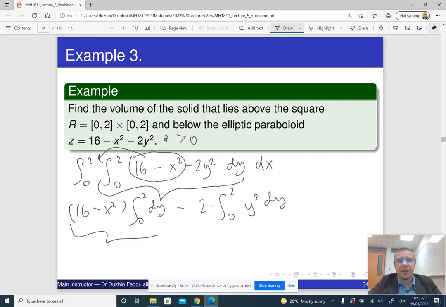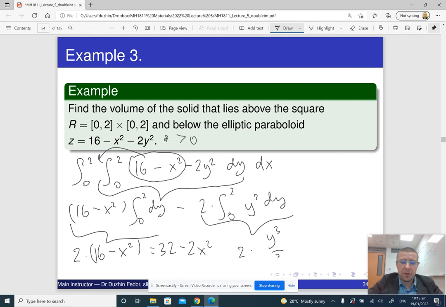So this part is just 2 times 16 minus x squared, which is really 32 minus 2x squared. And this part is 2 times the change of y cubed over 3. This is the antiderivative of y squared from 0 to 2. All right, 2 cubed is 8 times 2 is 16, so this is just 16 over 3.